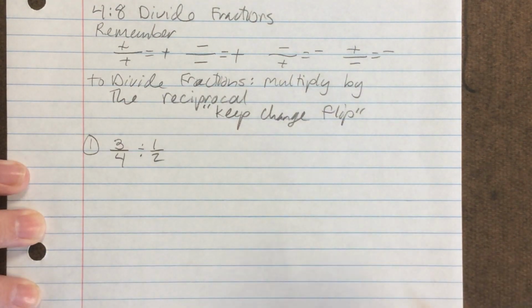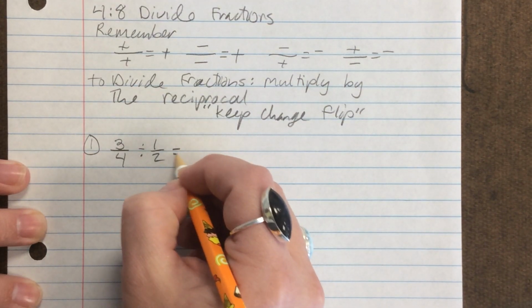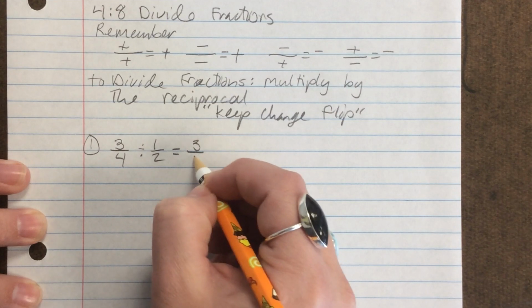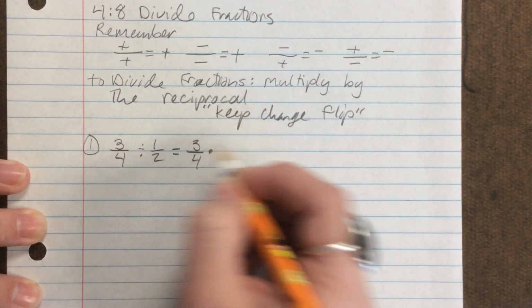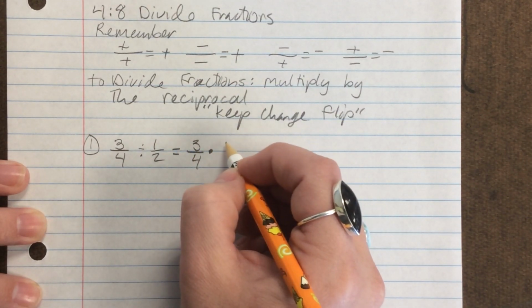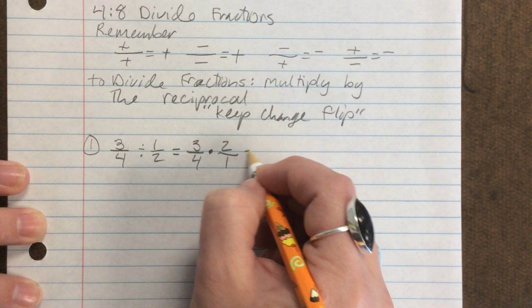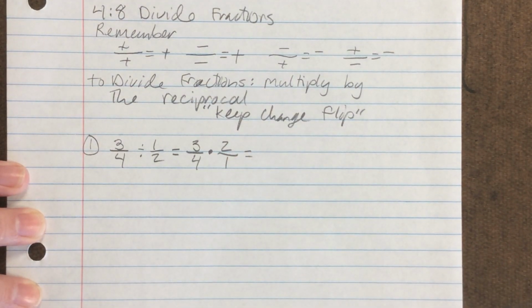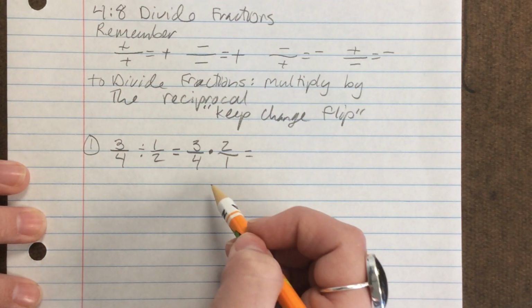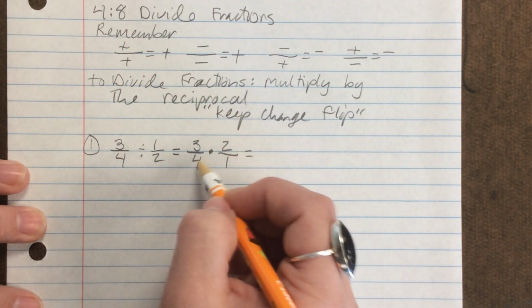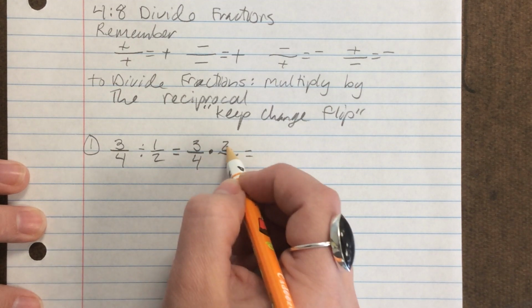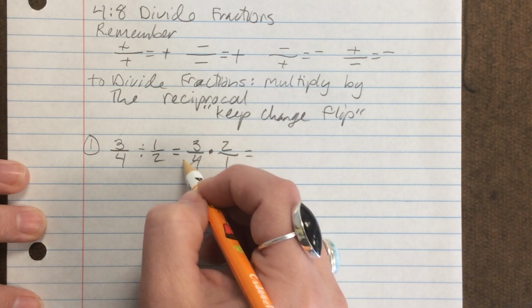We need to rewrite it, changing it to multiplication. So 3/4 times, and then we're going to flip that. So the denominator becomes the numerator, and the numerator becomes the denominator. Okay, so now this is what we have. I'm going to do a little pre-reducing because both the 2 and the 4 are divisible by 2.